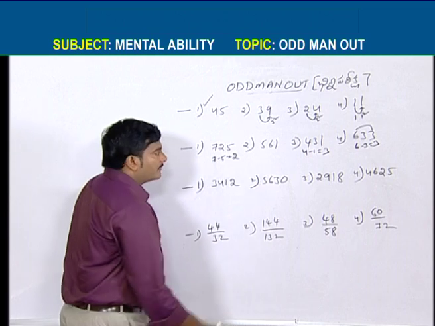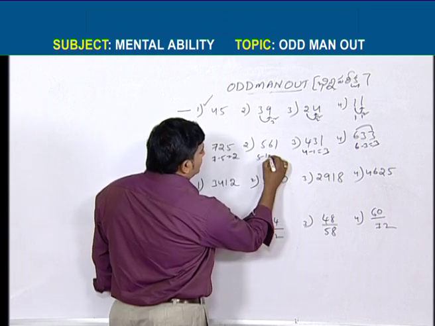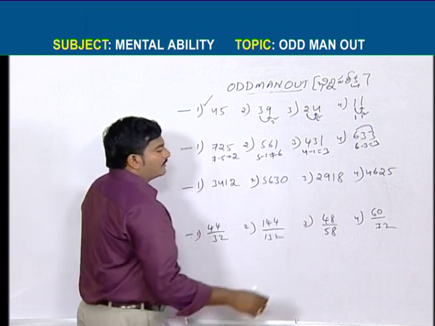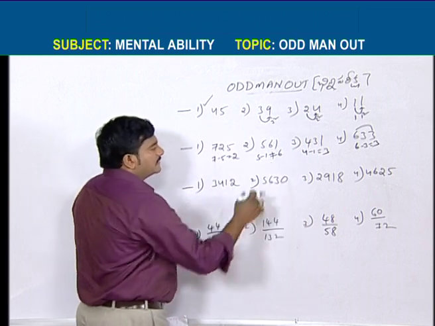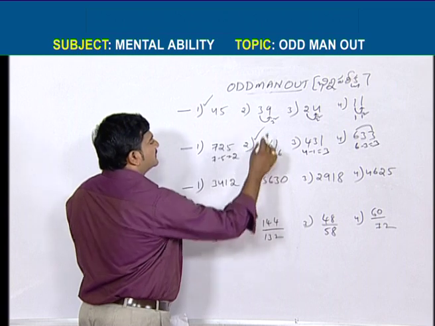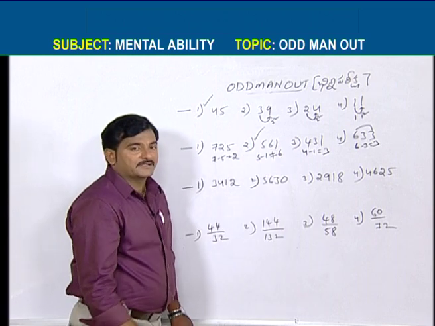But in the next, 5 minus 1 should give 4, but how much is given? 6. Hence the answer for this question is 561.